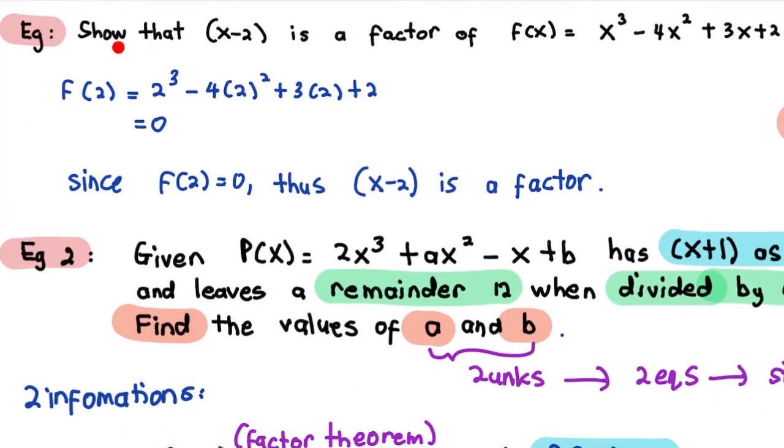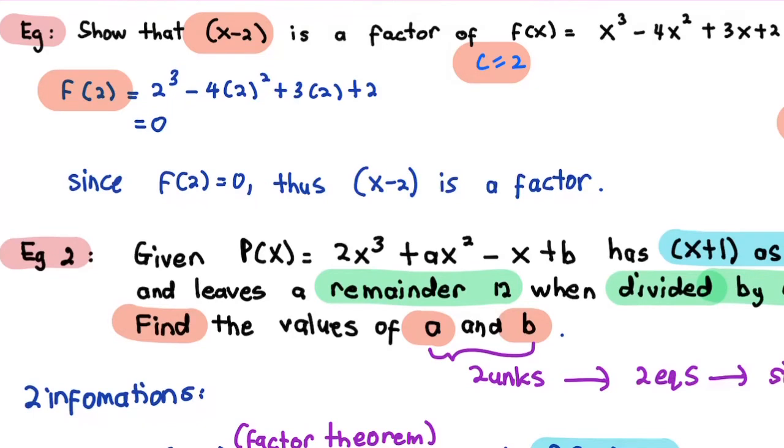Now let's try to see this question here. Show that x minus 2 is a factor of x cubed minus 4x squared plus 3x plus 2. Very simple. First of all, find your c. Your c here is equal to 2. Then what we'll do with this 2 is to substitute. We need to fill in p(c). If p(c) is equal to 0, then x minus c is a factor.